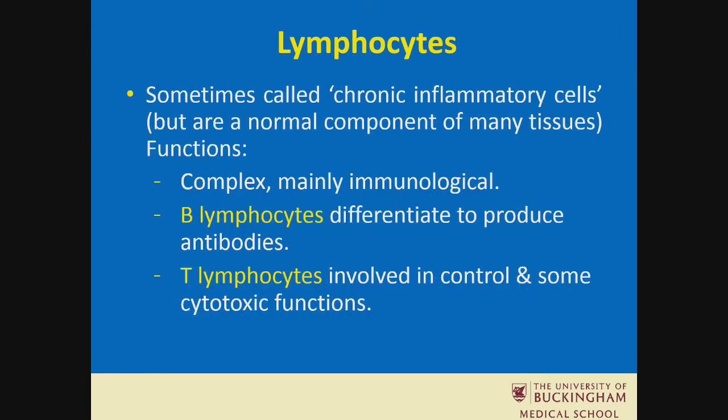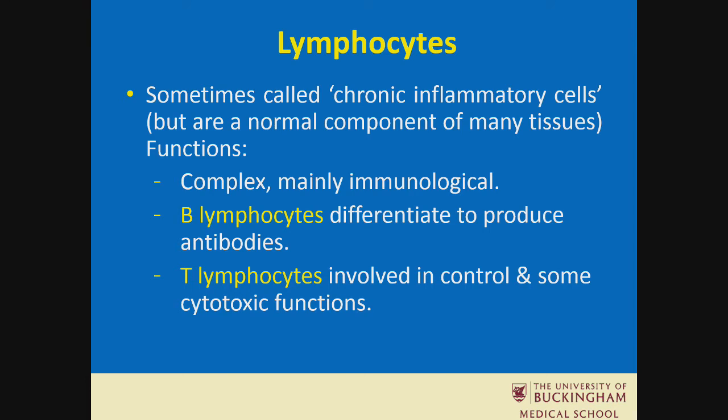There are different types. They are B lymphocytes, T lymphocytes, then another group called NK cells or natural killer cells. The B lymphocytes, when activated, become plasma cells and produce antibodies.